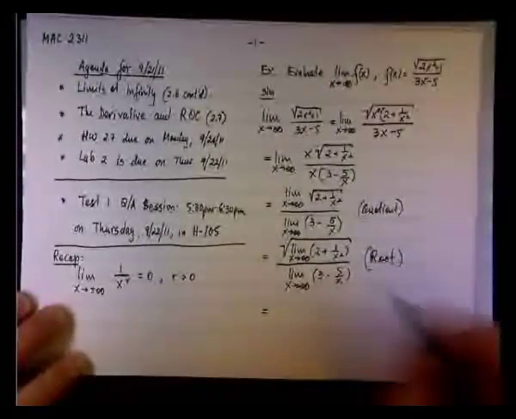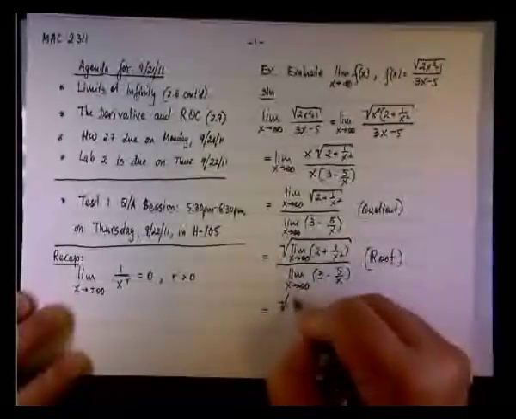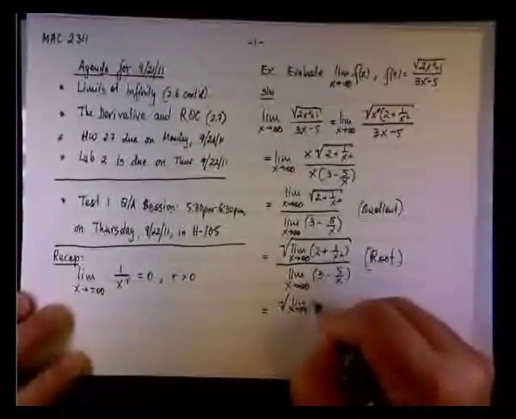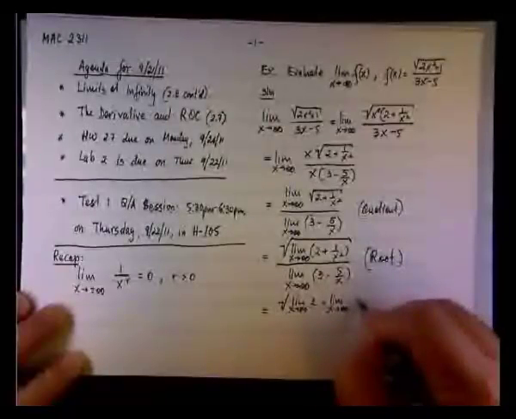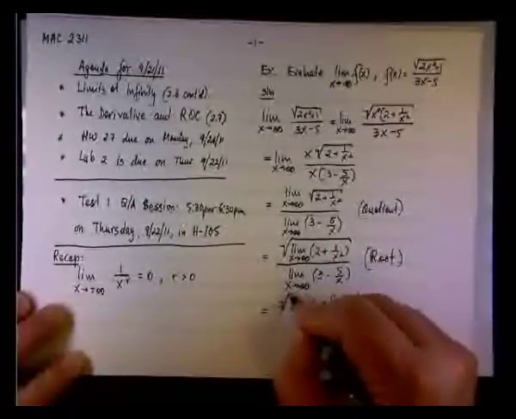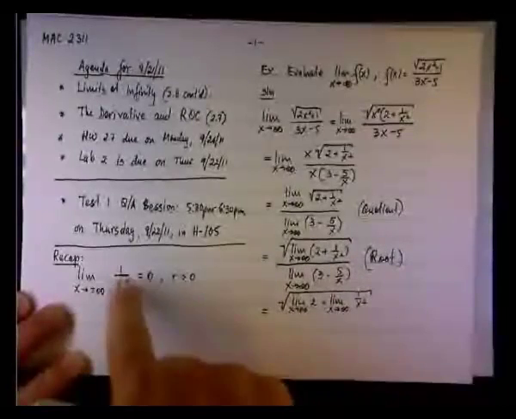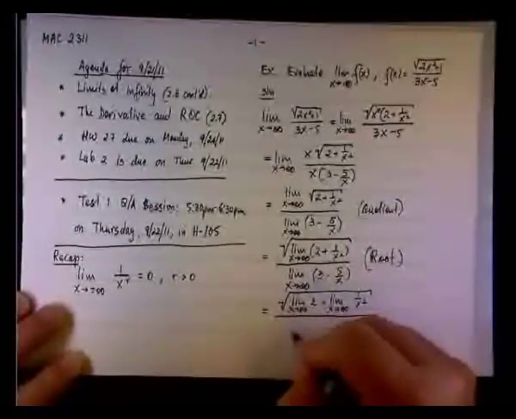But formally, I need to invoke the sum rule, so it will be the limit as x approaches infinity of 2 plus the limit as x approaches infinity of 1 over x squared. And now I can use this property. And then in the denominator I'll do the same thing.